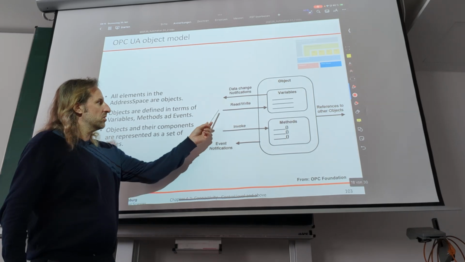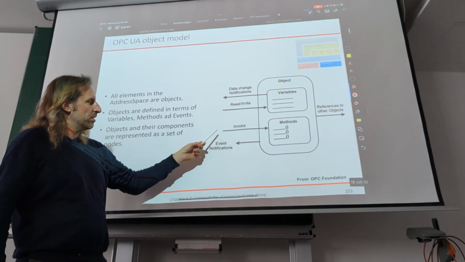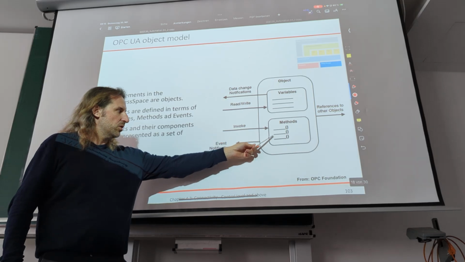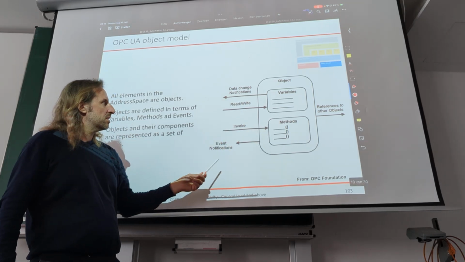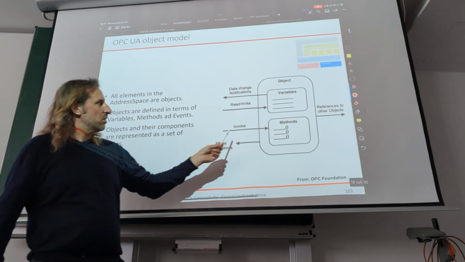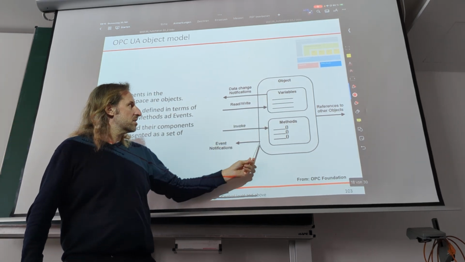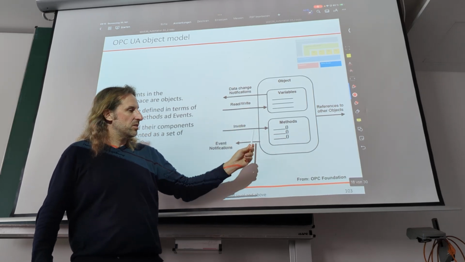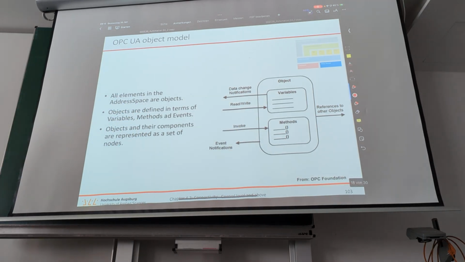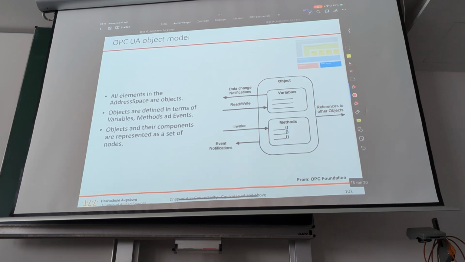So this is just normal access to information. A method needs to be invoked, and then the method is executed. And the whole object itself can create event notifications. For example, the object itself can create an alarm or whatever, and create an event that you can monitor.